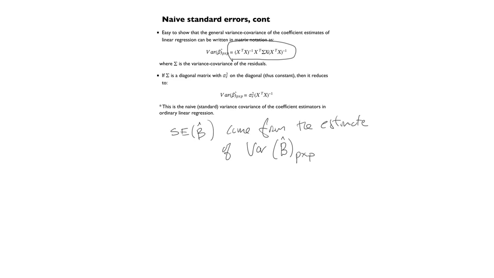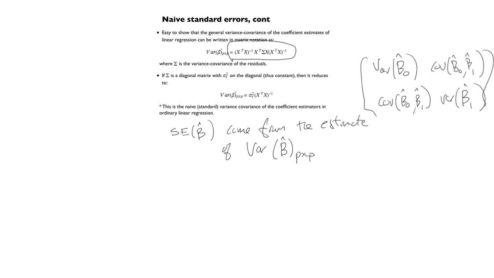So this is a P by P variance covariance matrix. If I have, let's say, two coefficients, it'll look like this. It'll be the variance of beta 0 hat, the covariance of beta 0 hat and beta 1 hat, they're always symmetric, and the variance of beta 1 hat.